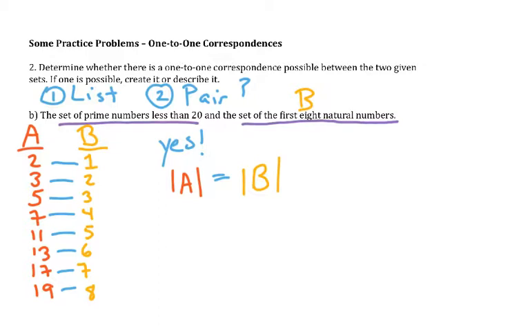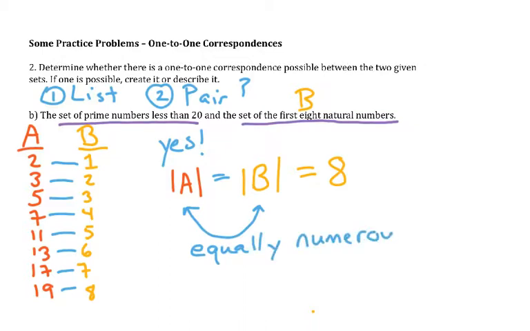Well, it's 8. When two sets have the same cardinality, they are equally numerous. And there is a one-to-one correspondence possible.